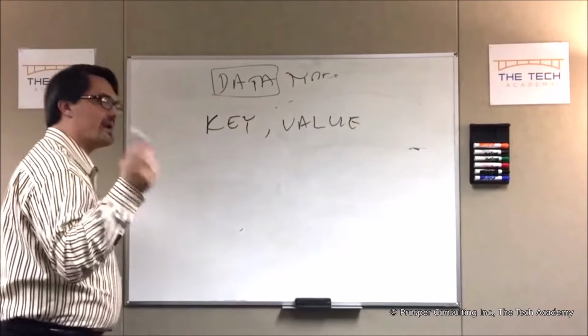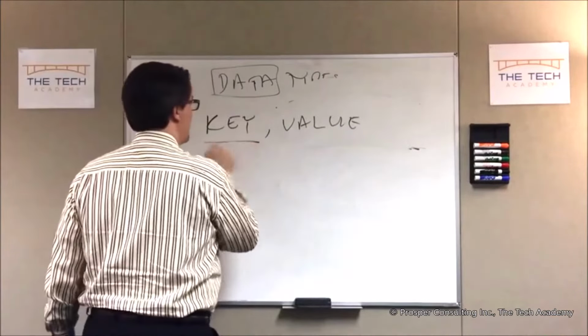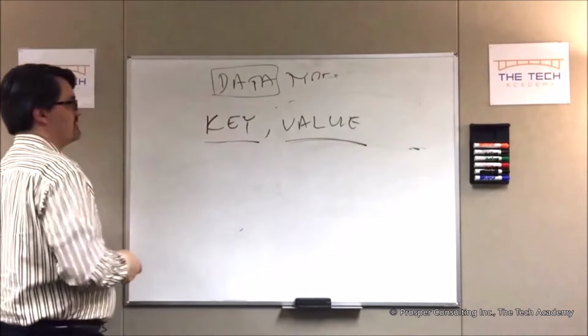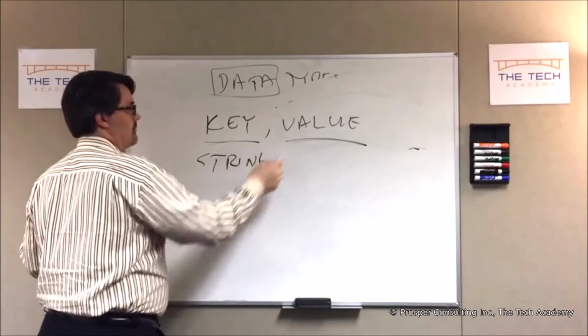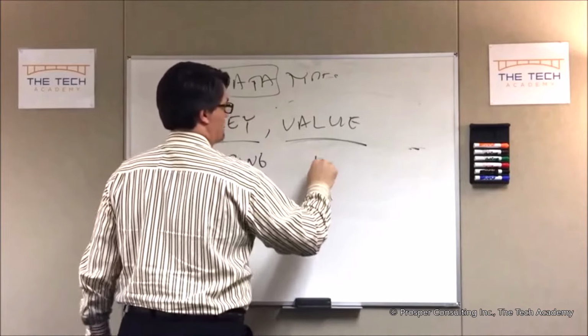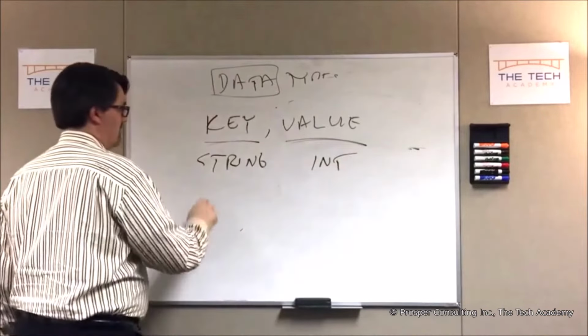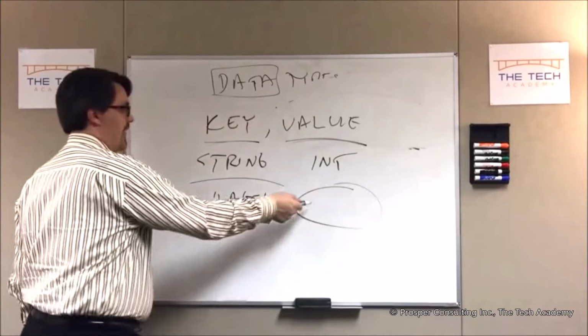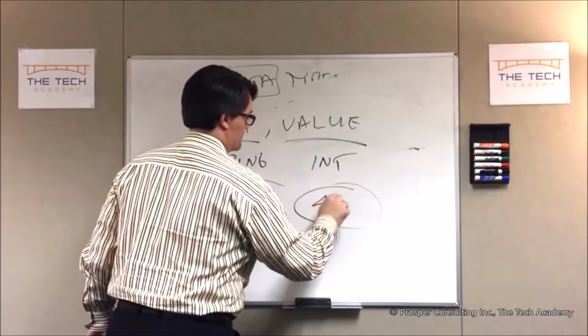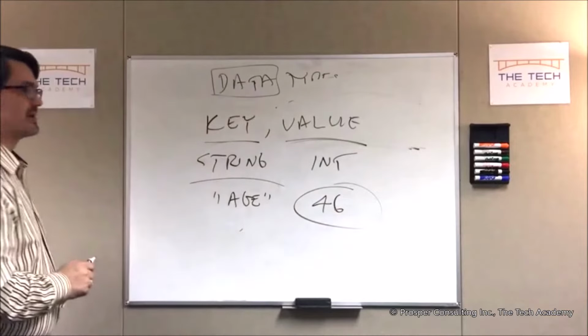Well, what type of data is in each of these? This could very often be a string, but this value could be an integer. Let's look. Wouldn't age as the key and an integer, 46, make sense?